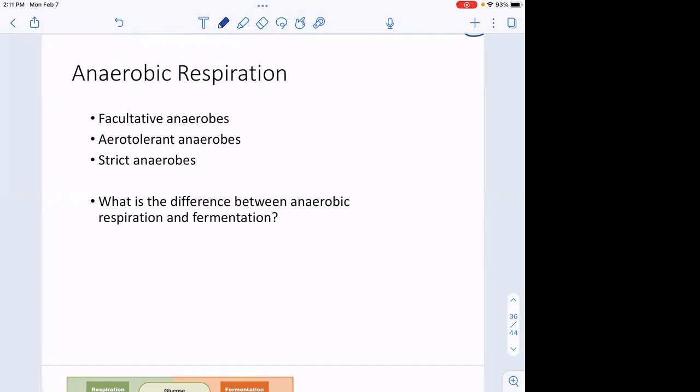Now, the tricky part is, we're going to talk about fermentation, yet there's always a lot of confusion because some people would define fermentation as any metabolism that doesn't require oxygen. Okay, we're going to refine that definition a little bit and talk about what's the difference between fermentation and anaerobic respiration.